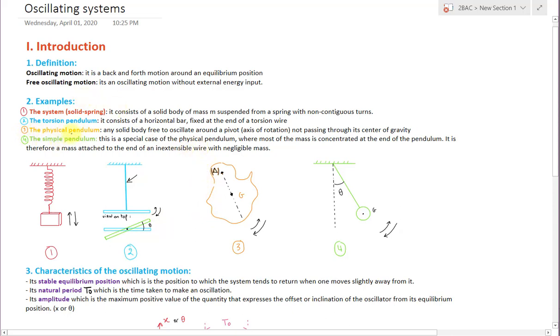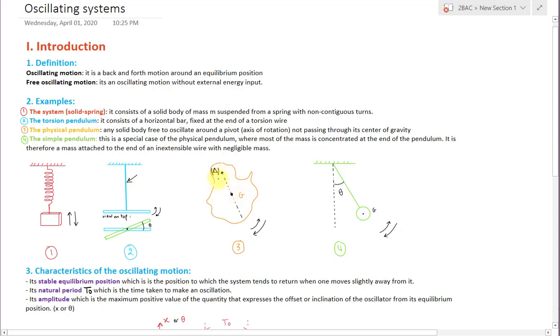Next we have the physical pendulum, which is any solid body of any form which is free to oscillate around a pivot, which is the axis of rotation, not passing through its center of gravity. So any solid object that is free to rotate around the pivot, and this pivot must not coincide with the center of gravity.